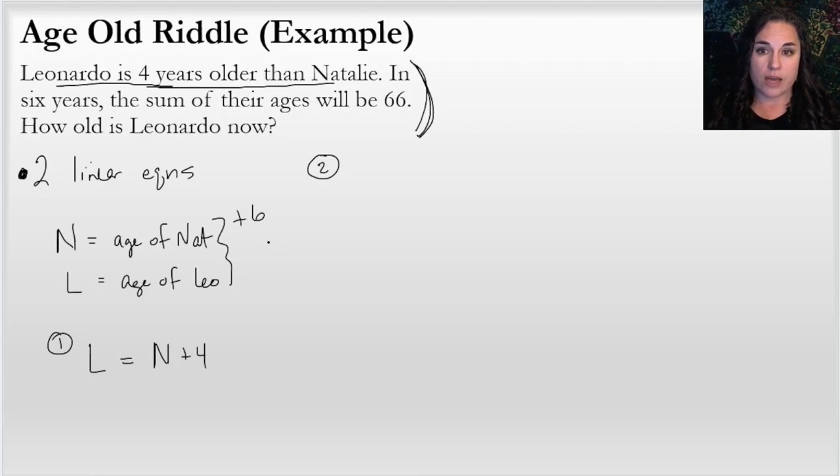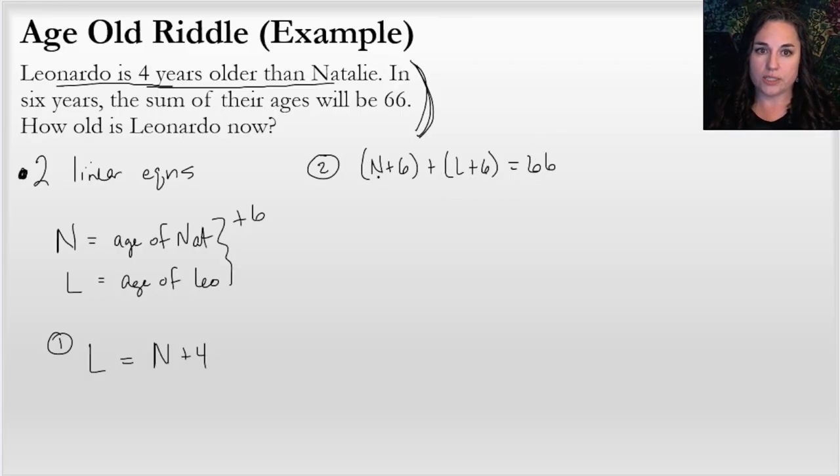So we're going to have n plus 6 and L plus 6. When I have Natalie's age in 6 years and Leo's age in 6 years, I add those two, and I get 66.